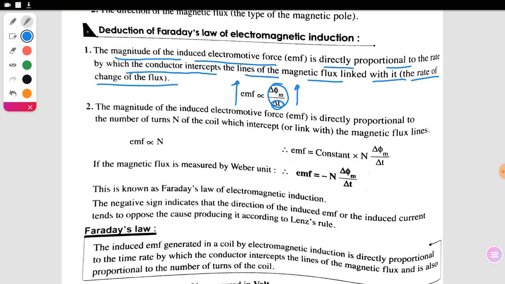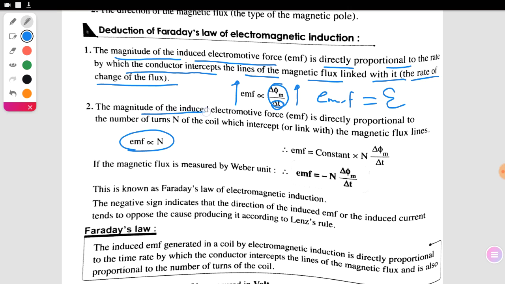If this experiment is repeated by using another solenoid with a larger number of turns, the induced EMF increases. EMF induced is directly proportional to the number of turns, because by increasing the number of turns, the induced EMF increases.